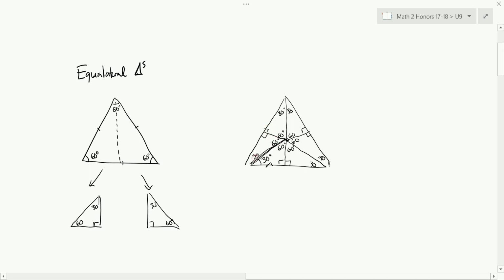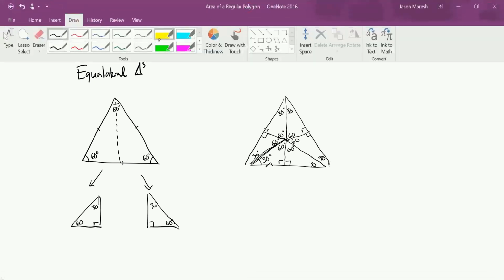Okay. So guess what you can say about all those 30, 60, 90 right triangles? They're all congruent to each other, right? So if you could solve one of those triangles, you know everything you need to know about that whole thing. Because the height of this thing consists of two things.